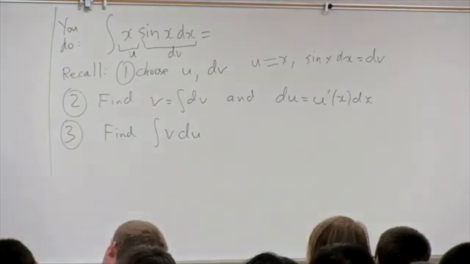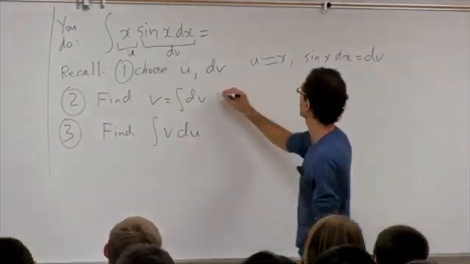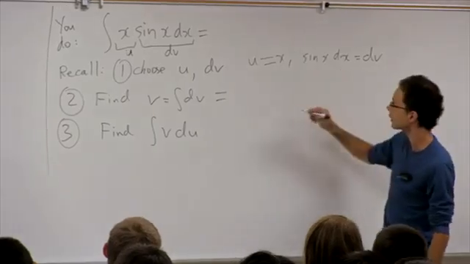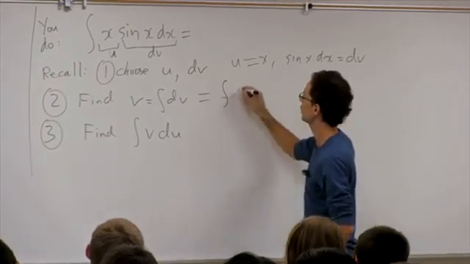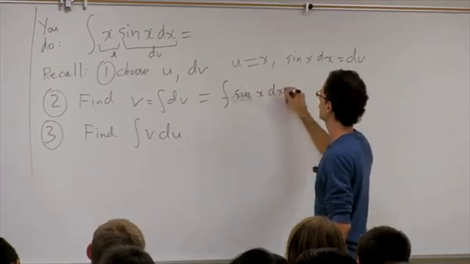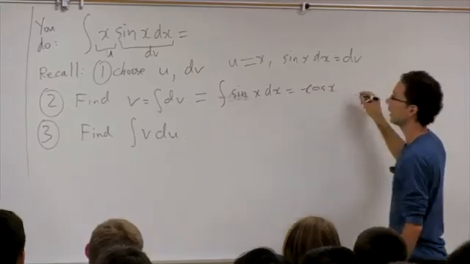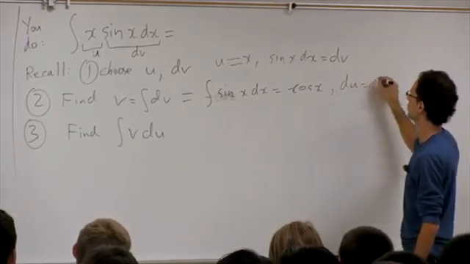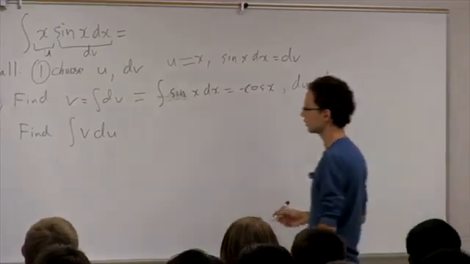And this is, again, almost routine. This is the integral of sine x dx, which is simply minus cosine of x. And du is simply the derivative of x with respect to x, which is just dx.